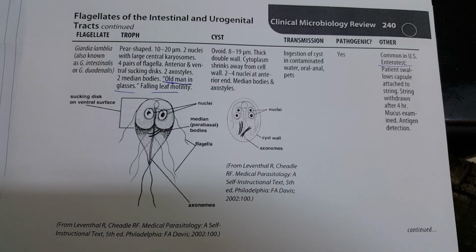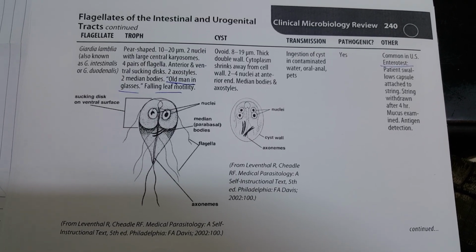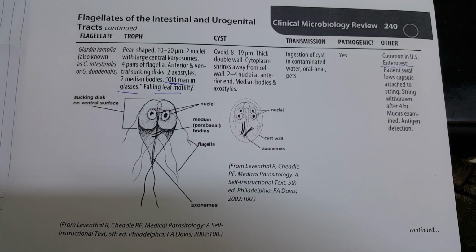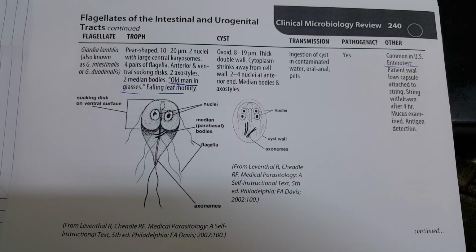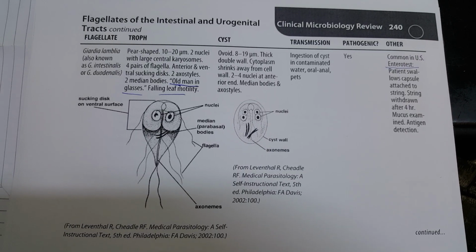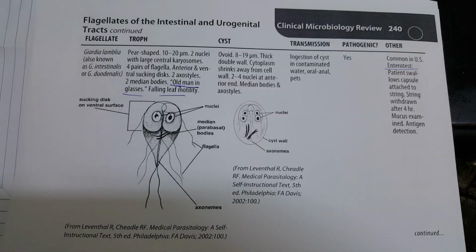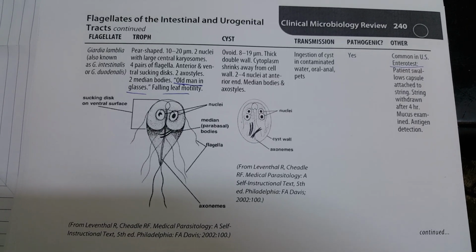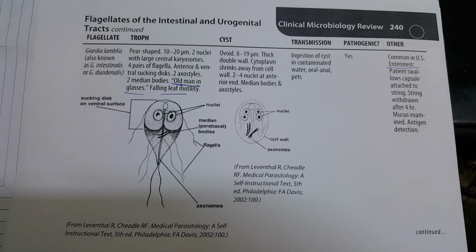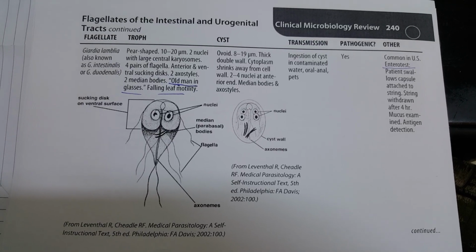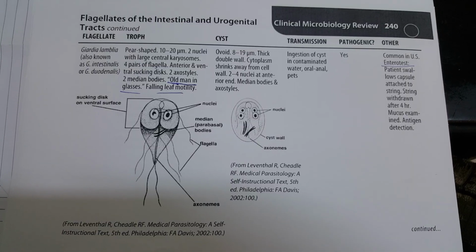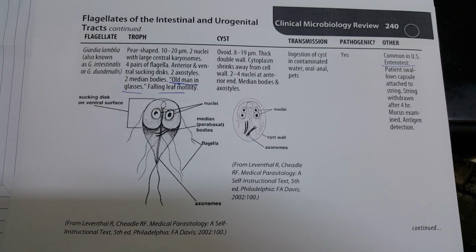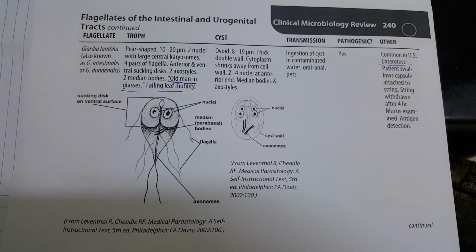The cyst form is ovoid, 8 to 19 micrometers, with a thick double wall, cytoplasm shrunken away from the cell wall, 2 to 4 nuclei at the anterior end, and the median bodies are axostyla nuclei. There are a total of 4 nuclei in this cyst form, two on each side, and the cyst wall, and the axonemes are still there, which divide the body into 2 parts.